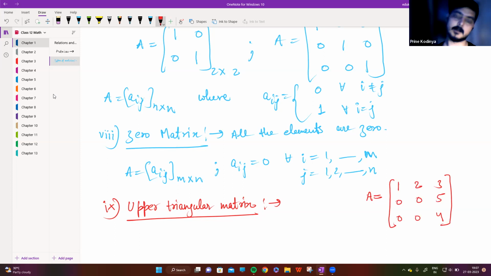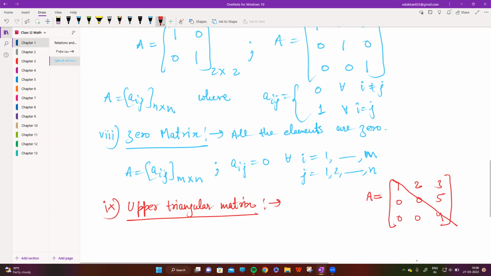So what does an upper triangular matrix say? This is our main diagonal, the principal diagonal, right? Above this is a triangle. This particular diagonal divides the whole square into 2 triangles. Upper triangular matrix and lower triangular matrix, in very simple words, are the figures that you observe.